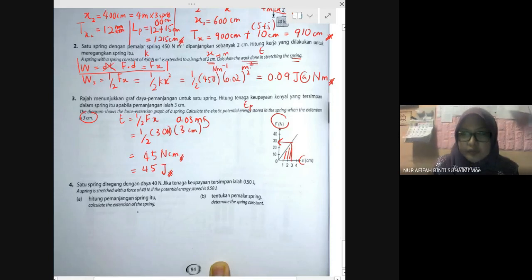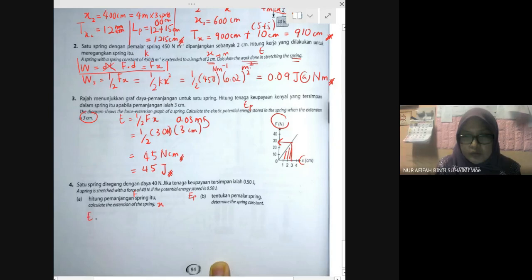Number 4. A spring is stretched with a force of 40 Newton. If the potential energy stored is 0.5 joule, calculate the extension of the spring. We have F and we have E. Find x, the extension of the spring.